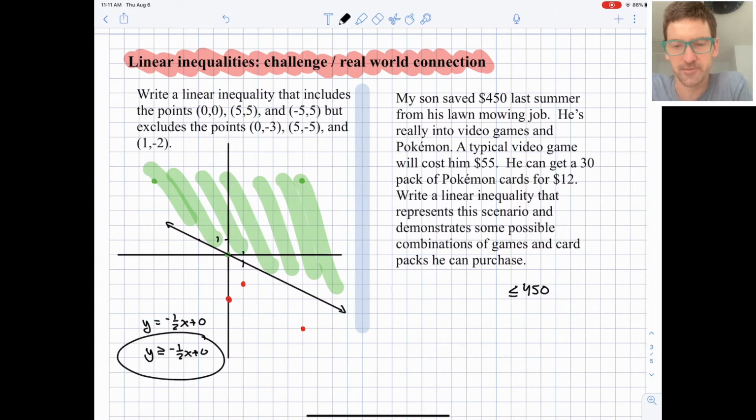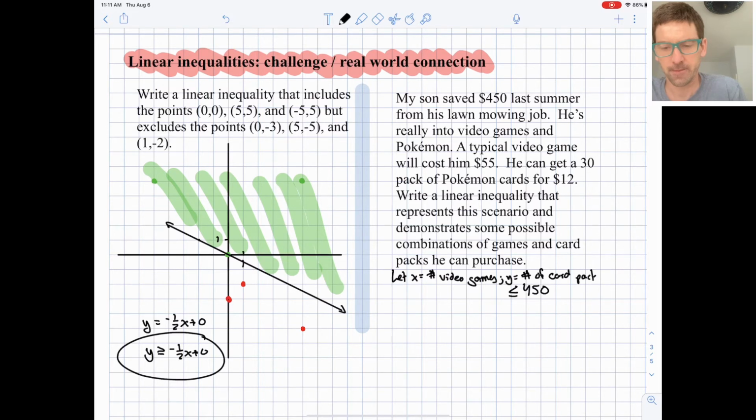But I want to define some variables first. Let x equal number of video games and y equal number of card packs, right? Okay, and so we're going to have some stuff that's going to be less than or equal to 450. So we just need to write out the scenario into math.